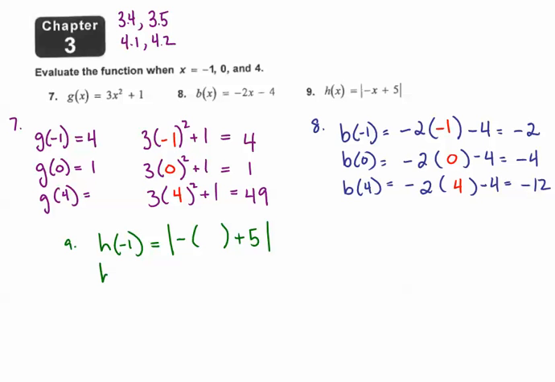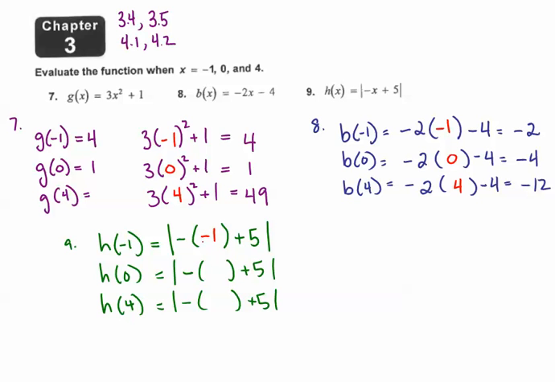And I'll do that for each of these. h of 0 is absolute value negative, parentheses, plus 5. h of 4 equals absolute value negative, plus 5. And I'm going to fill in the x values that we want to evaluate the function at.